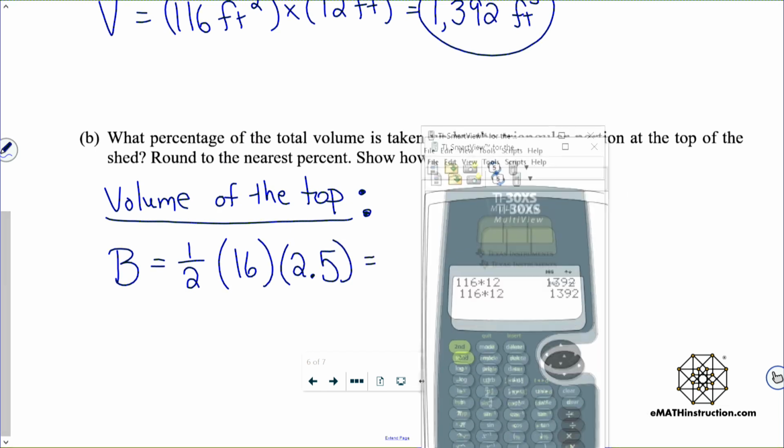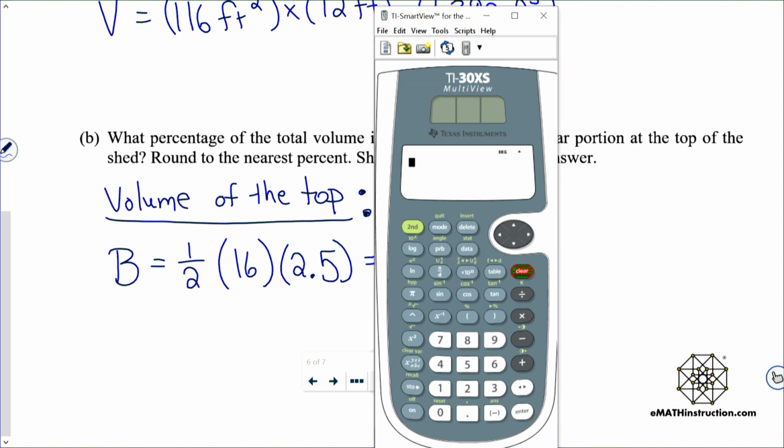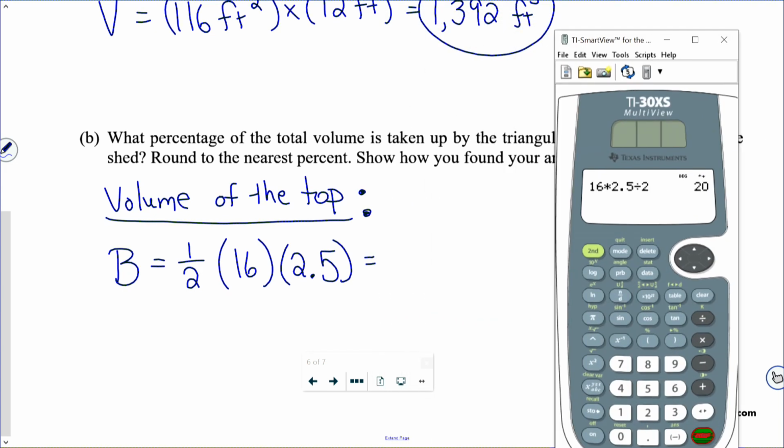Okay, and that's going to give me, this time I'll do it without using the 0.5. 16 times 2.5, and then we'll do divided by 2 instead of multiply by 0.5. Either way, we get a grand total of 20 square feet.